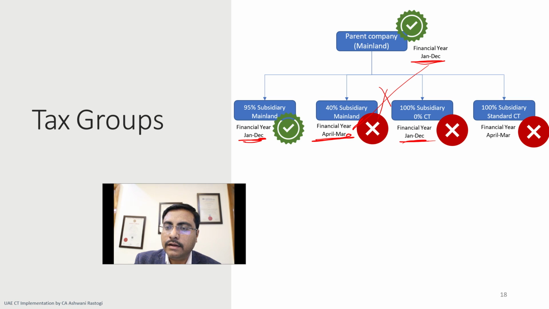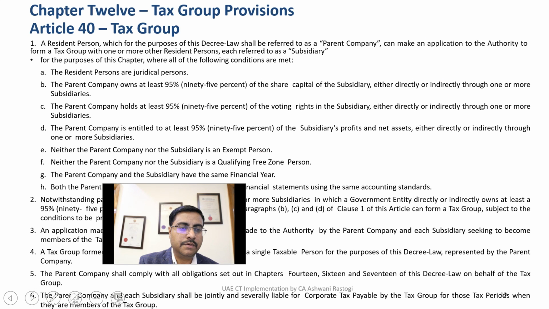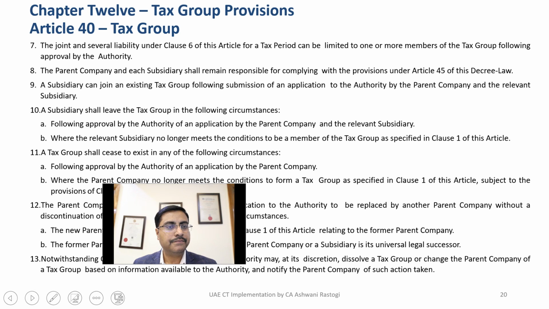But if your subsidiary has the same financial year but another condition is not met, since this is a 0% corporate tax levy, it is also not part of the tax group. So the financial year should be the same, 95% stake, and both are taxable persons, not an exempt person or located in the free zone. So tax group, basically, I discussed in detail.